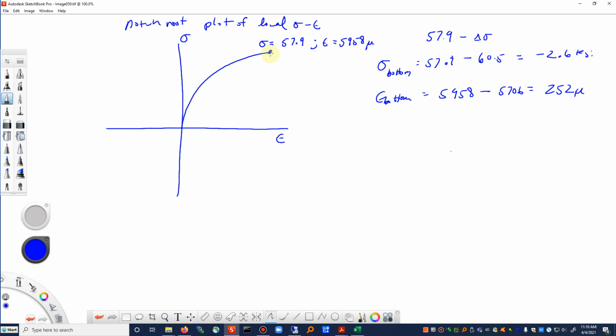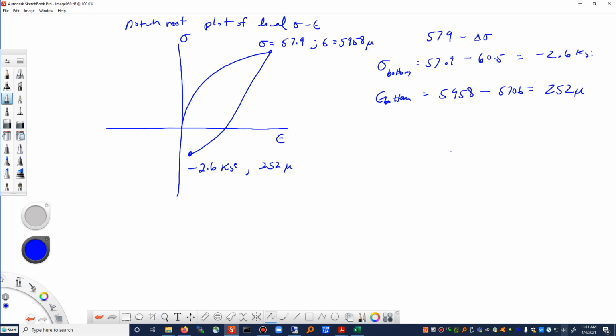So my stress is a little negative, and my strain is a little positive. So maybe something like this. I'm at minus 2.6, this is not to scale, it'll be very close to the edge here. It's probably steeper, but you get the idea. There's my stress there, and my strain is 252 microstrain at that particular point.